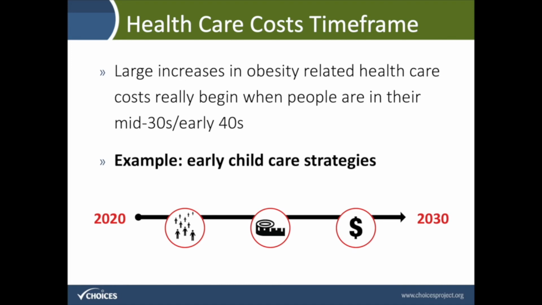And so when we're looking at just a 10-year intervention timeframe, we see that early childcare strategies often don't have a big impact on costs, because children don't spend that much typically on healthcare. So to get more cost savings, we typically have to look at policies that also include adults.